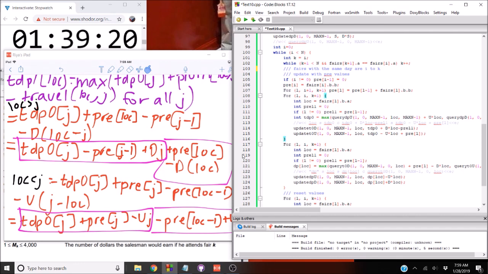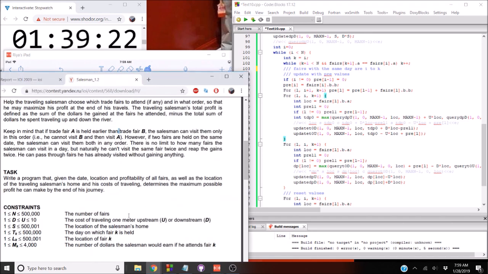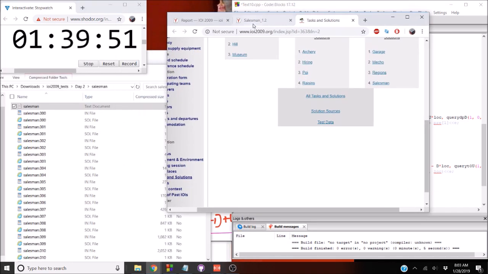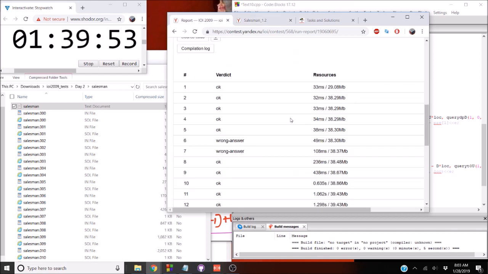Okay, I'm not really sure what's causing this, so I'm just going to get the test cases. Okay, so pretty sure their 0 corresponds to 1, so their 6 here is 5.